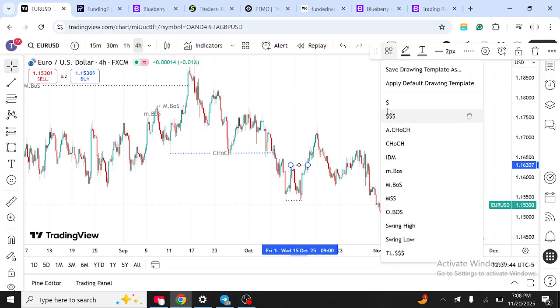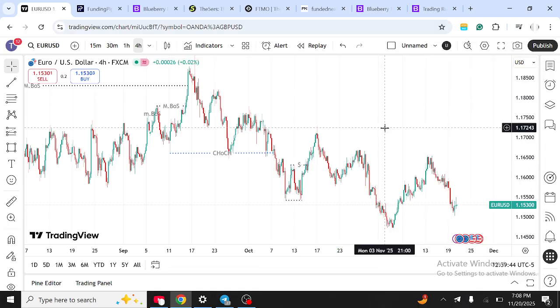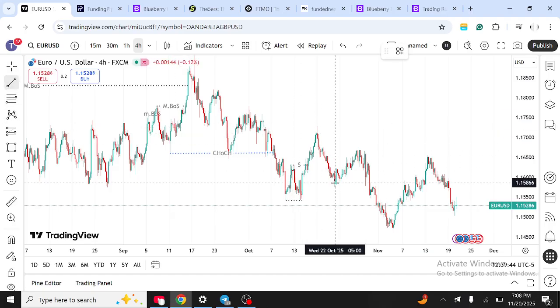So inside a type B liquidity concept, there are many liquidities in that system that the market can create to induce traders. So it's not limited. You understand? So you should have that in mind. Then what happens? The market came down pretending as if it's going to take out this low and push to the upside.